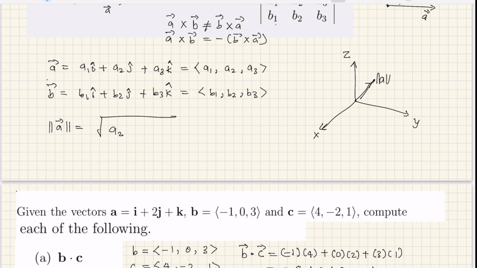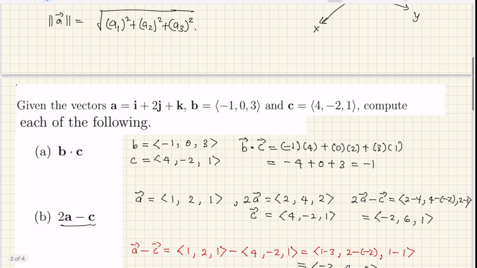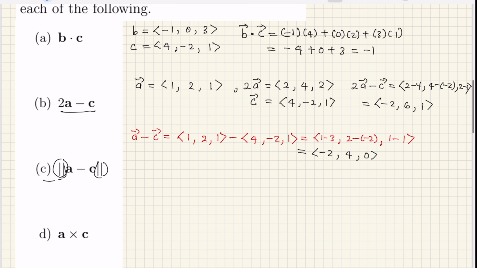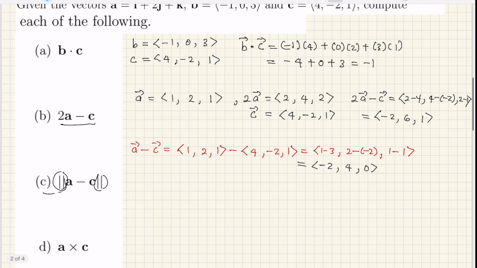You have to square the components. So let's say we have a1 square plus a2 square, then plus a3 square. Then you add them up, then you take the square root of the resulting result. So how do we find the magnitude?